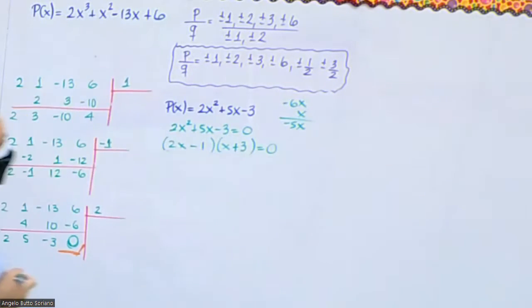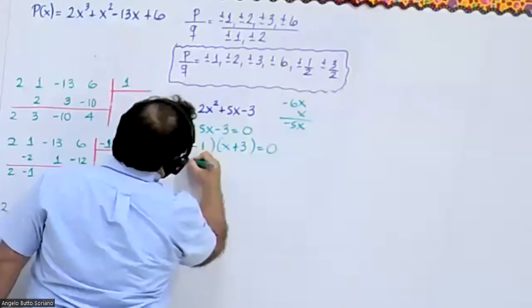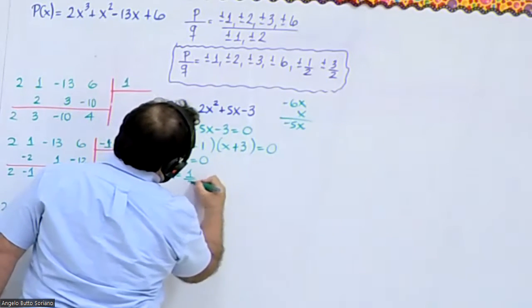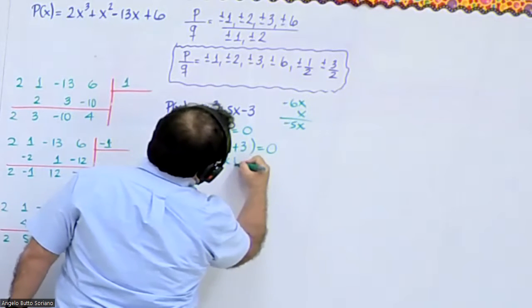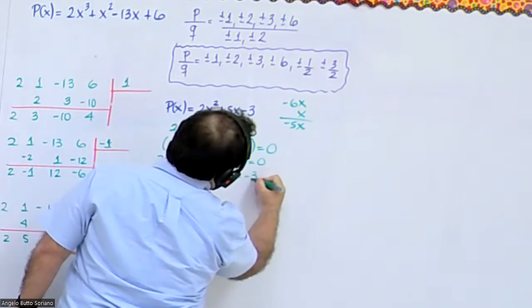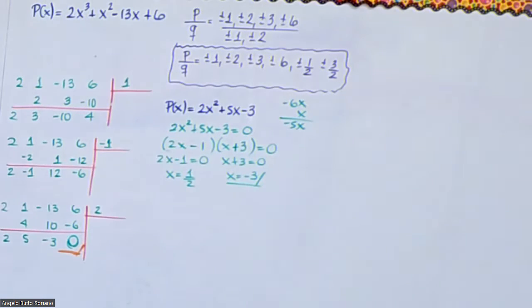Okay? Now let's solve this equation. Simple. We have 2x minus 1 equals 0, so x will be equal to 1/2. x plus 3 equals 0, so x will be equal to negative 3.